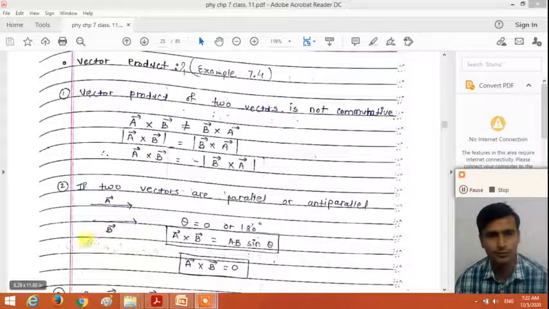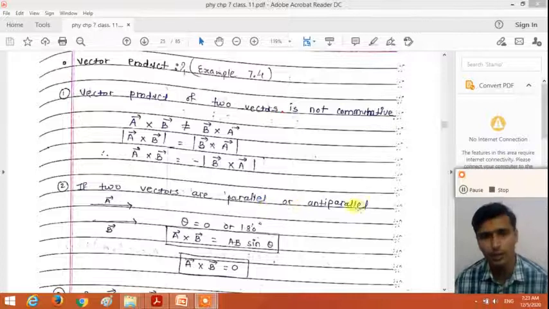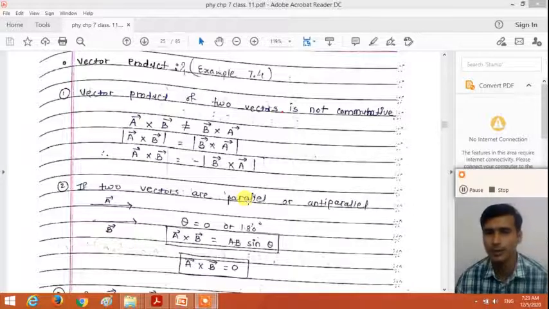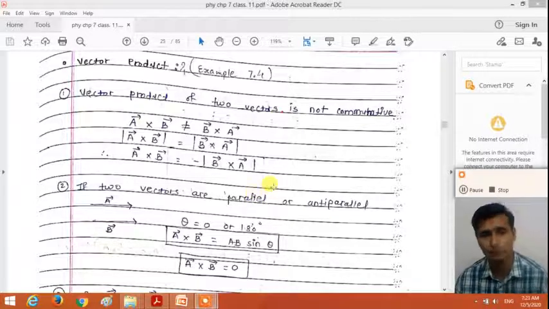So now dear students, second property, if the two vectors are parallel or anti-parallel. We know that if the two vectors are parallel, the angle between the two vectors theta is equal to 0. And if the two vectors are anti-parallel, theta is equal to 180. Right?